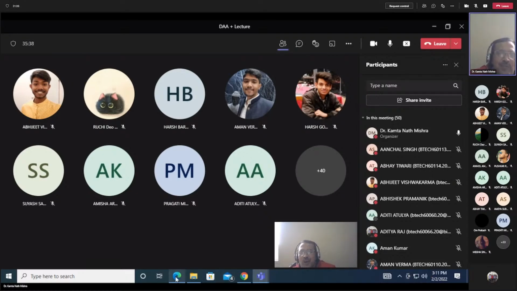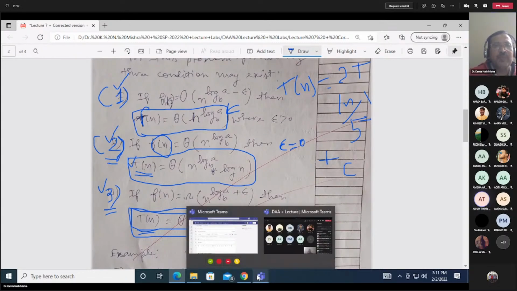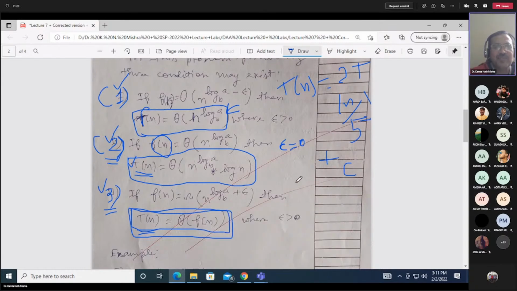Which out of these three conditions will be true? Condition 1, condition 2, condition 3. Abhay Tiwari: third one. Very good. How did you guess? Here a and b is 2, so log of 2 base 2 becomes 1. Anyway, your guess is correct.